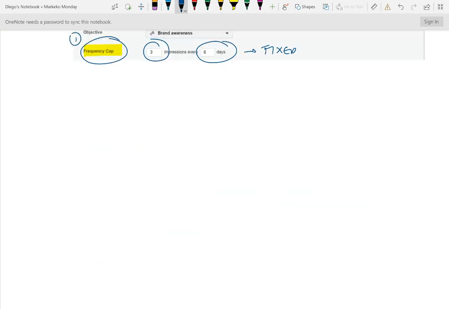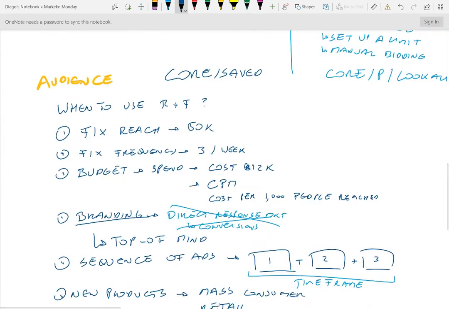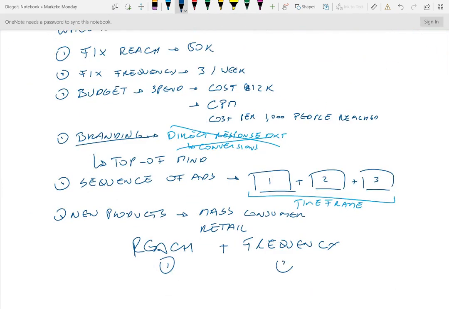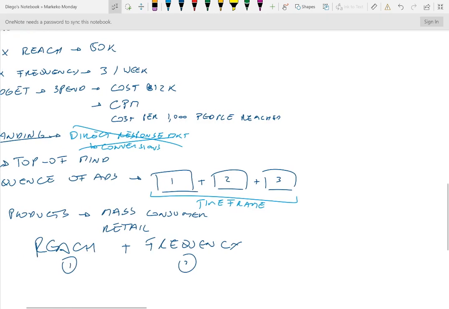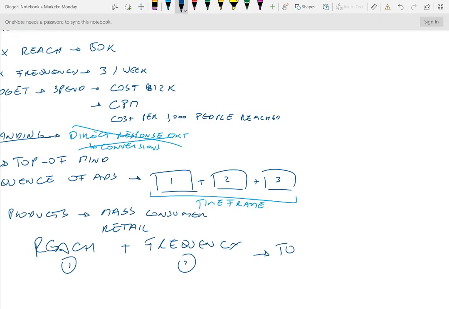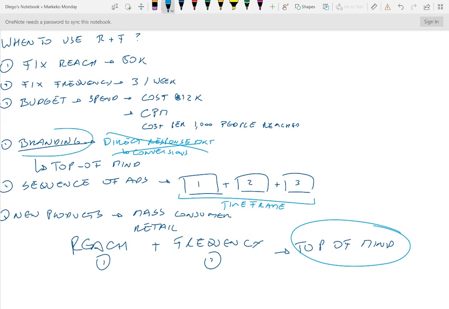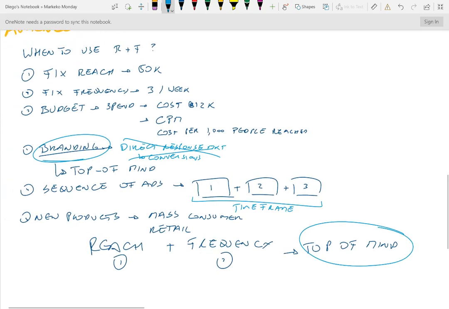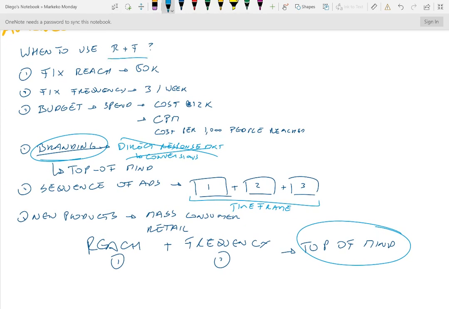The more people see my ad, the more top of mind I'm going to have with them. And so what you're trying to achieve with reach and frequency is really top of mind. It's really about branding. And so that's a quick overview of when to use reach and frequency.